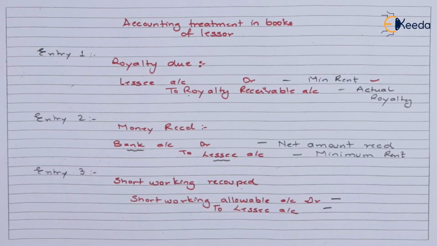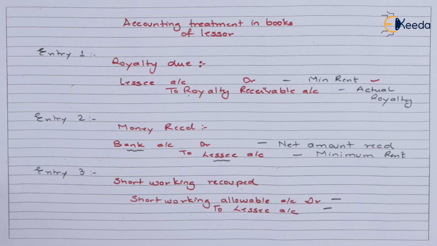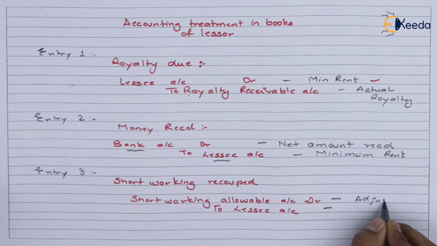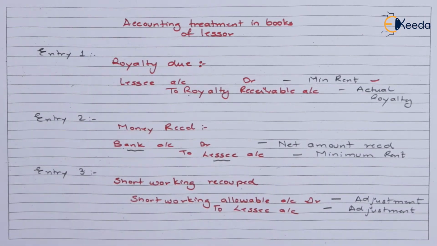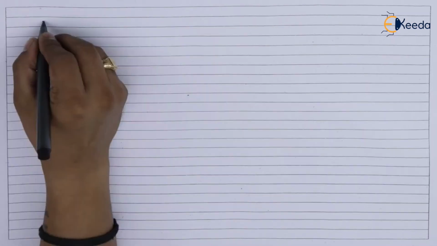That means whatever short working we can allow, or rather adjust, is what will be debited there. The same has been mentioned down here for your reference. Whatever adjustment amount is supposed to be mentioned has been mentioned in both the short working allowable account debit and the lessee account. Now let's go on to the next entry.